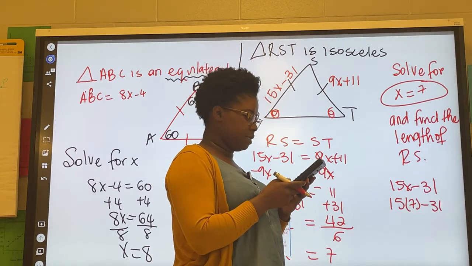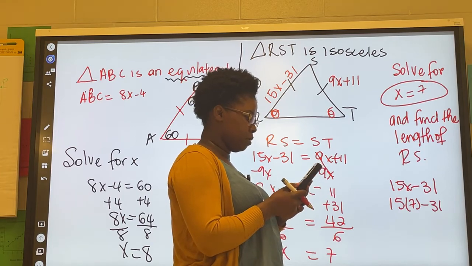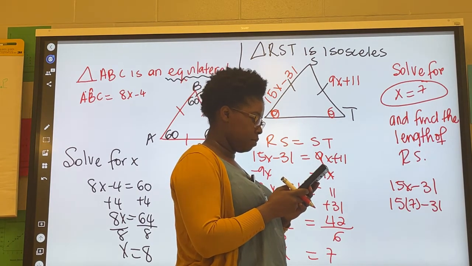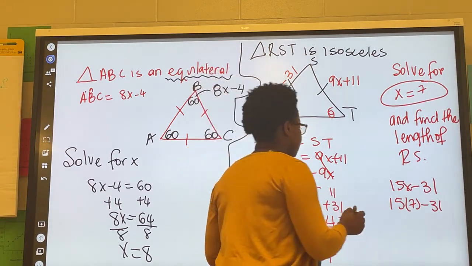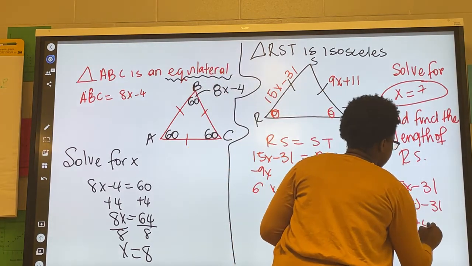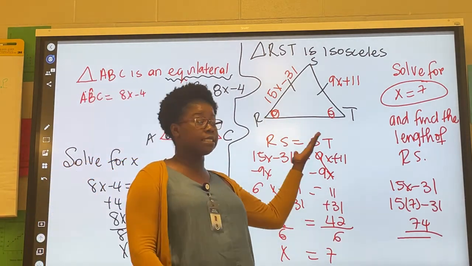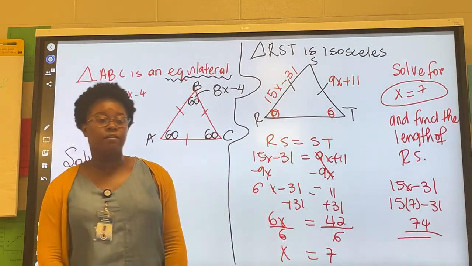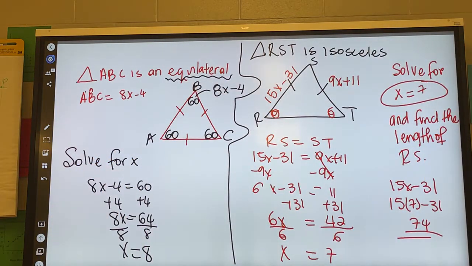So it's 15 times 7 minus 31. To give us 74. So RS is equal to 74. Therefore, ST is also 74 since they are equal.